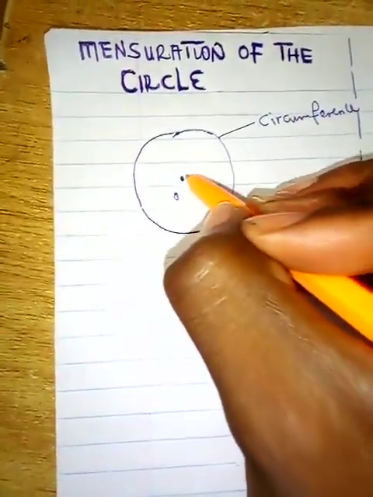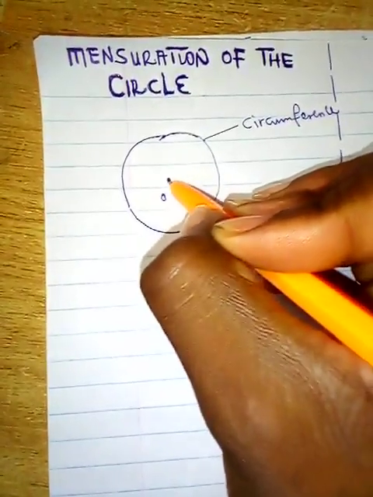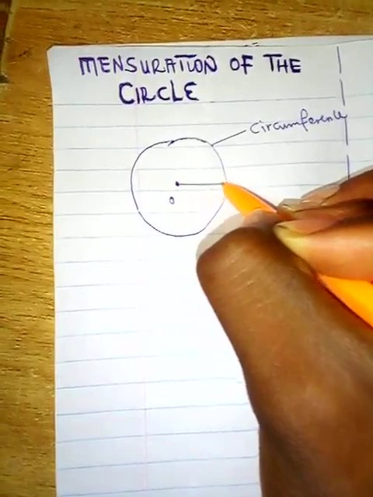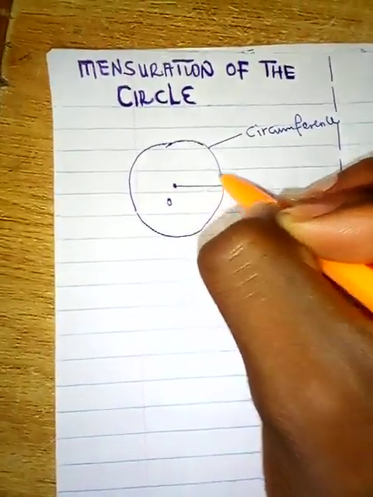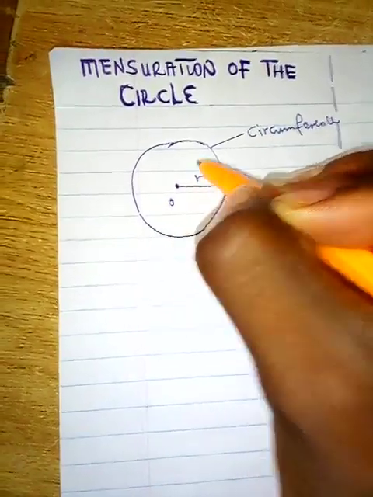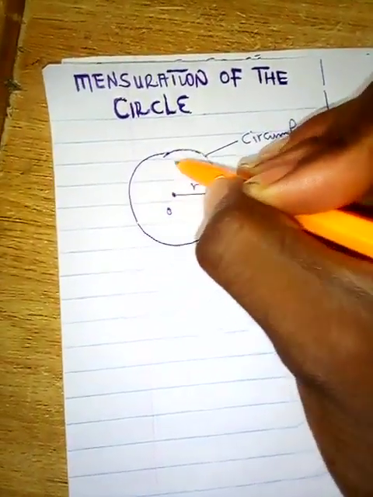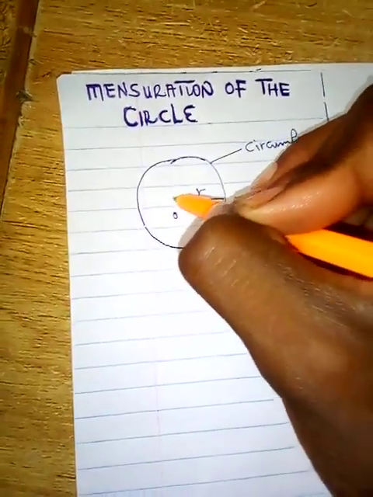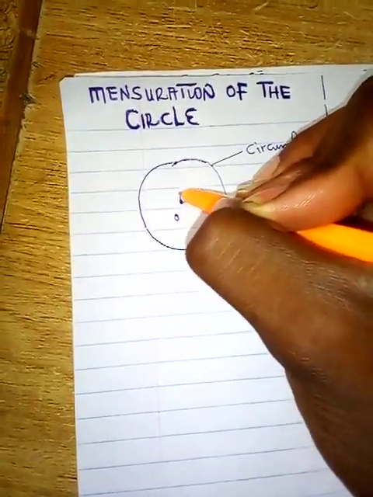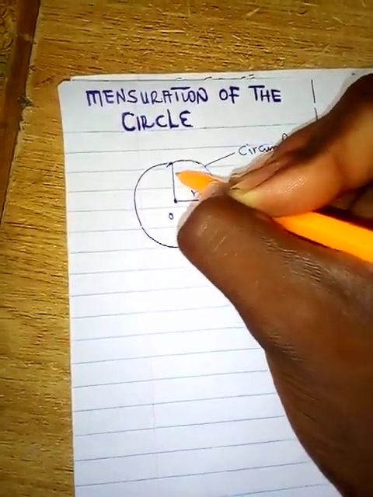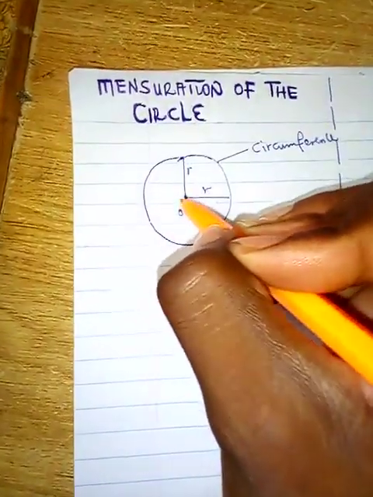Now notice the distance from the origin, the center, to the circumference. This distance is what is referred to as the radius. And one thing that you need to know is that the radius in any given circle is constant. So the distance from this center O touching this circumference will also be the radius.